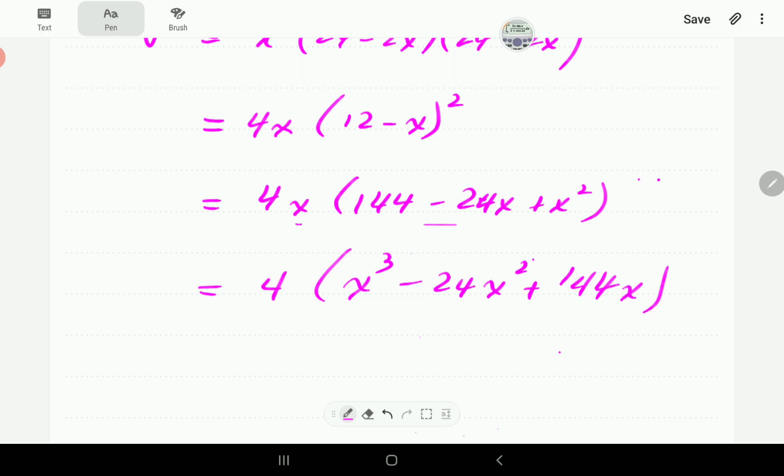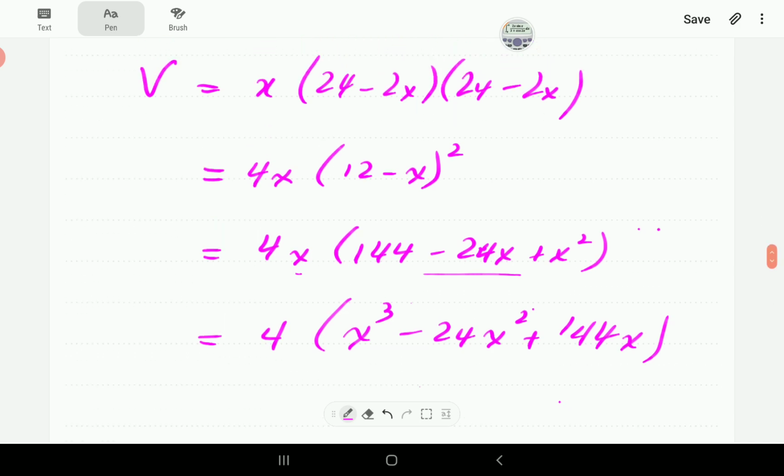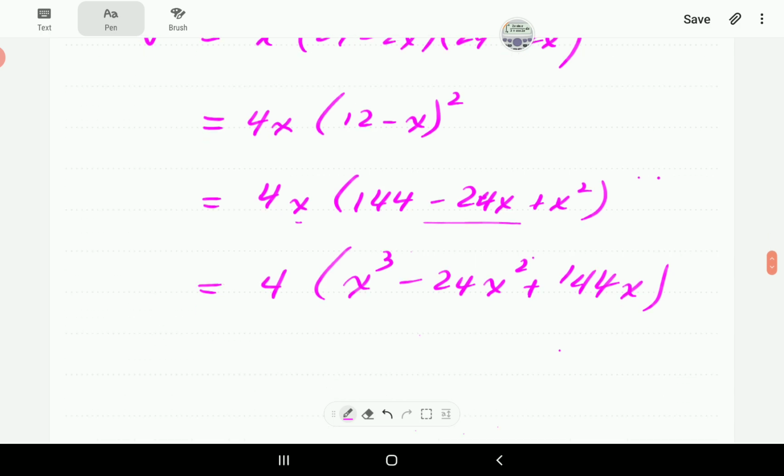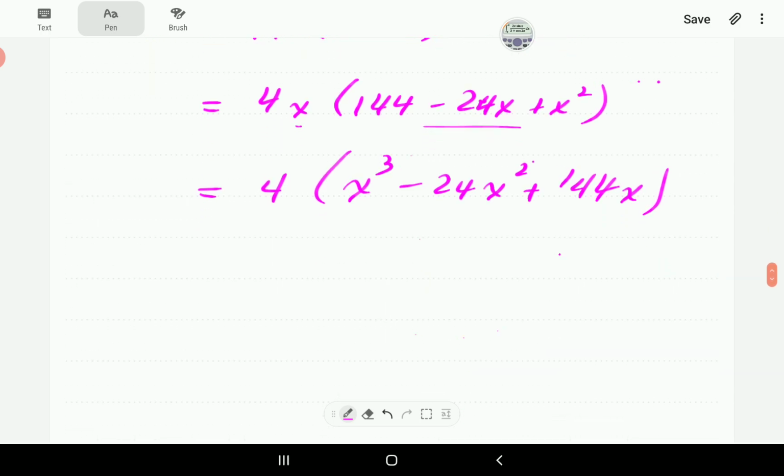I've just written these in the reverse order. So that is the volume for which we want to find the maximum. So we need to find x for which this function is maximum.